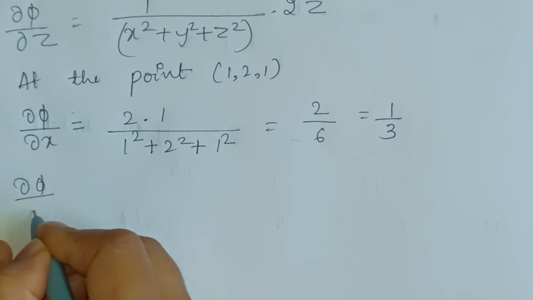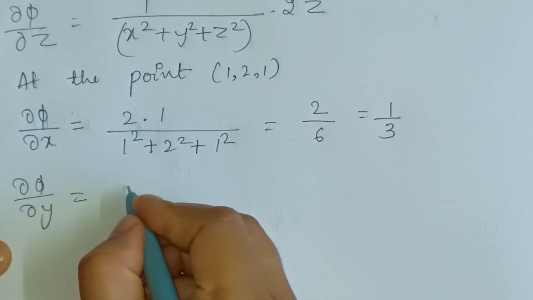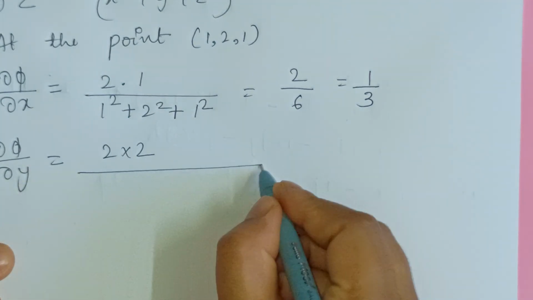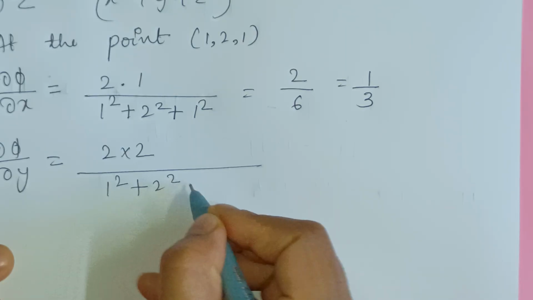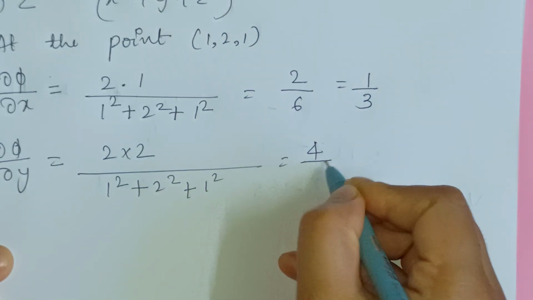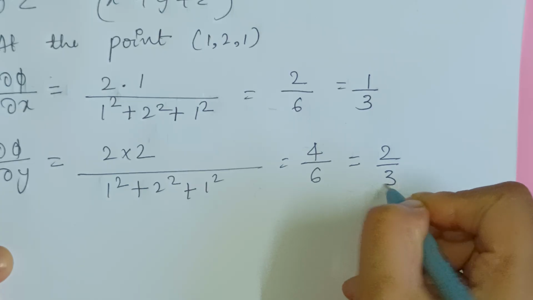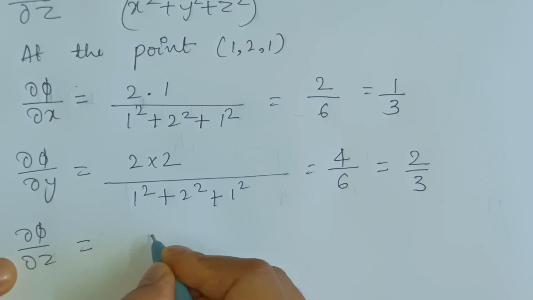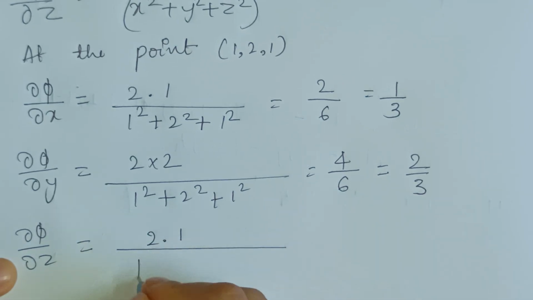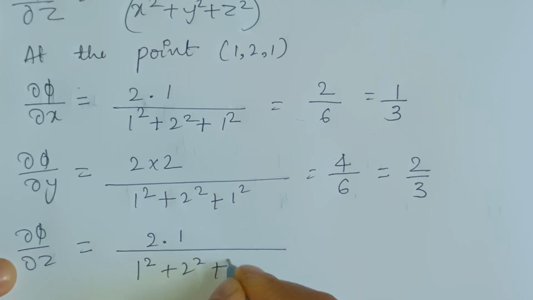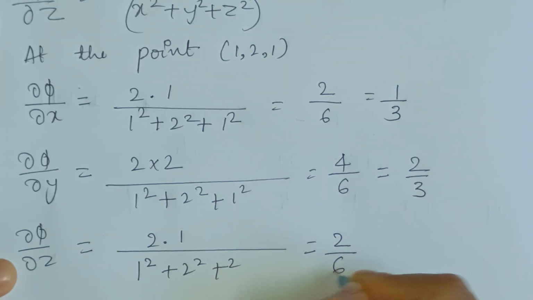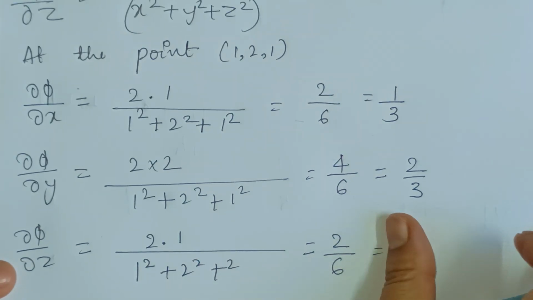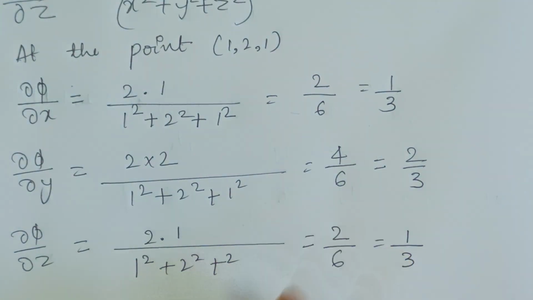Dou phi by dou y equals 2 into 2 divided by 1 square plus 2 square plus 1 square, which is 4 by 6, equals 2 by 3. Similarly, dou phi by dou z equals 2 into 1 divided by 1 square plus 2 square plus 1 square, which is 2 by 6, equals 1 by 3. Done. I hope it is clear till now.